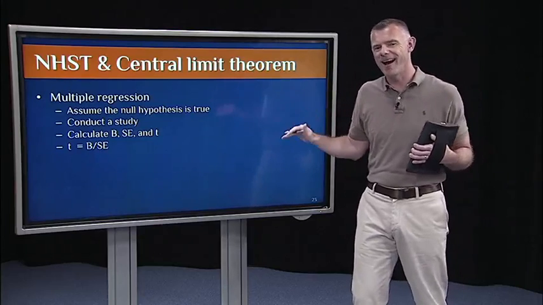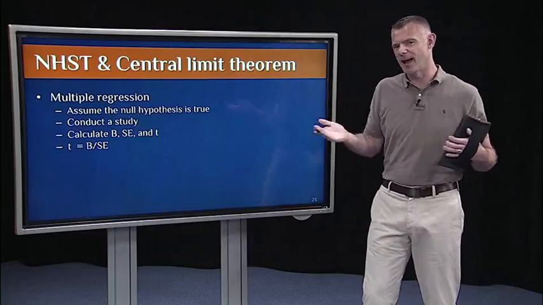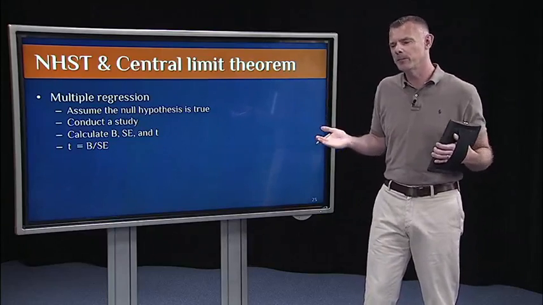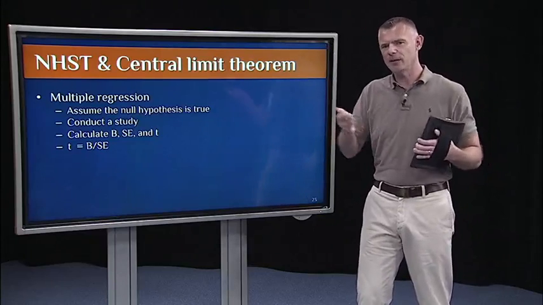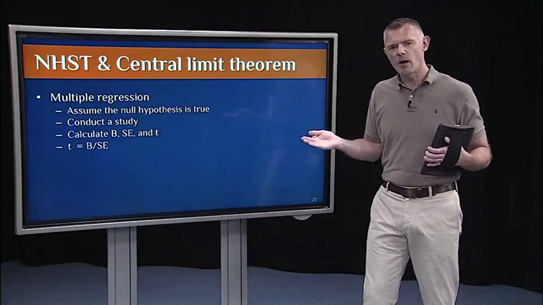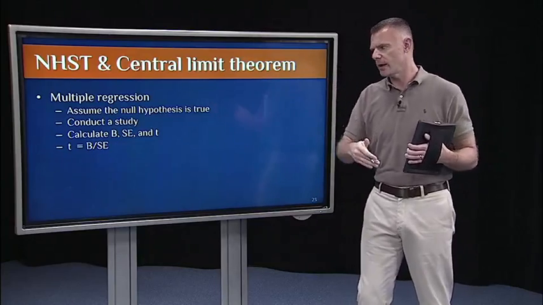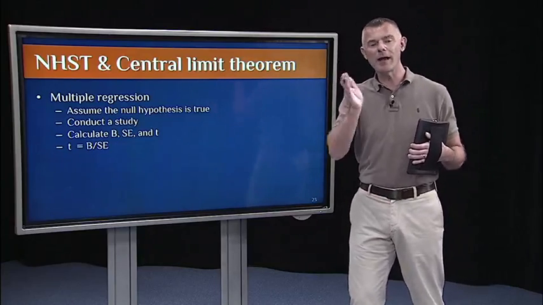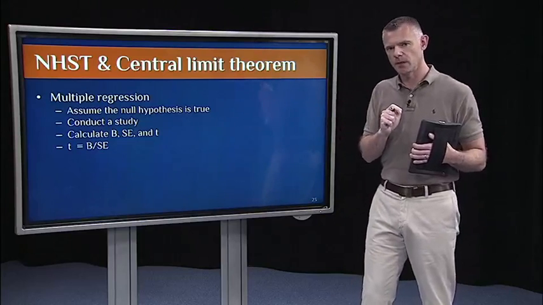I know that's not going to be statistically significant. I know that p is not going to be less than 0.05 because what I've observed, my slope, is exactly what I would expect just due to chance. Typically, I want to get a t-value of at least 2 or more to show that I've observed a slope twice as large as what I would have expected just due to chance.